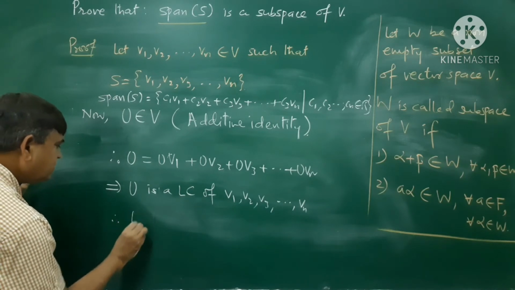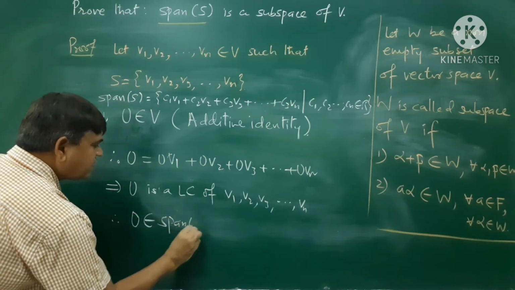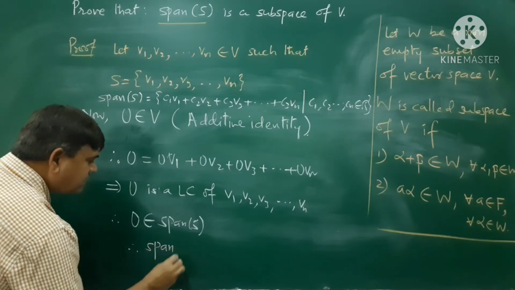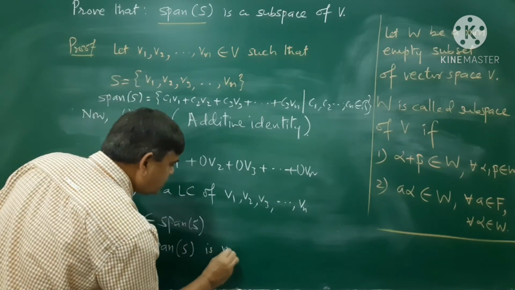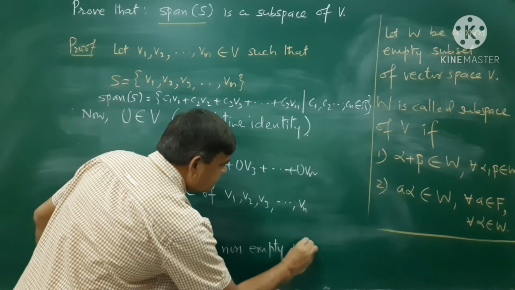Therefore, the zero vector belongs to span S. Therefore, span S is a non-empty set.